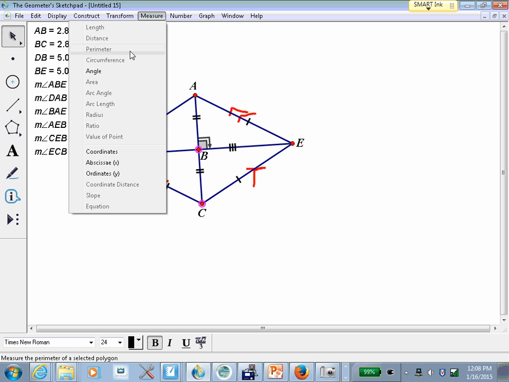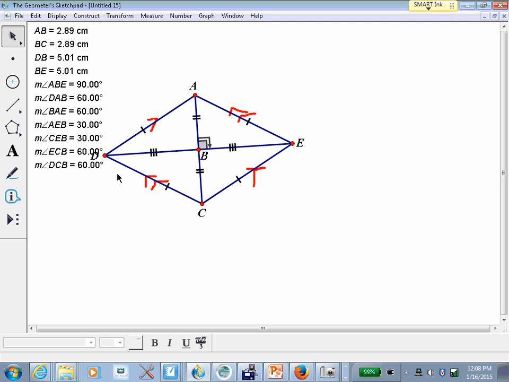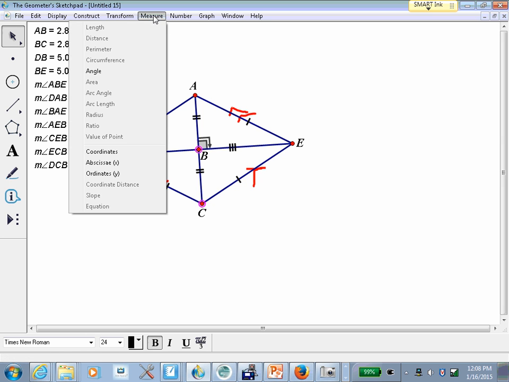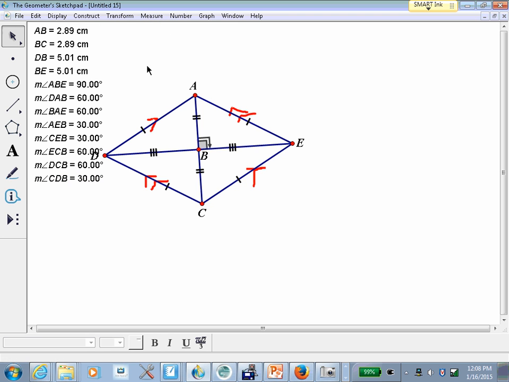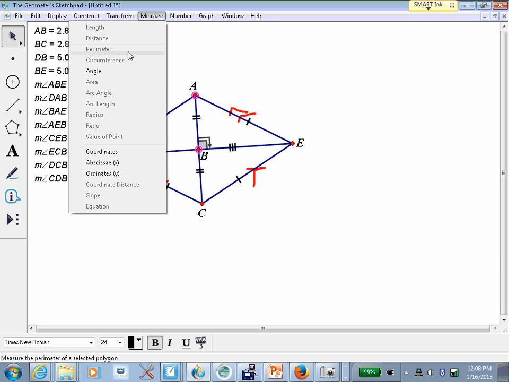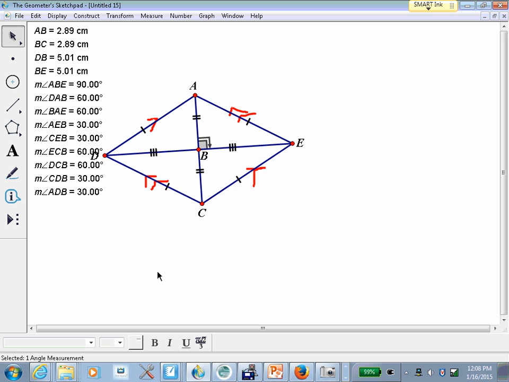I'm going to go ahead and just measure them all and make sure it's consistent all the way around. And it is. So now it's time to write a conjecture.